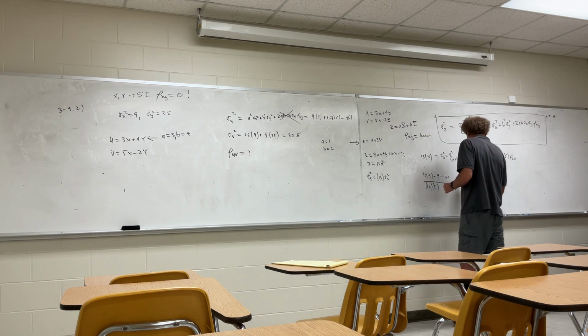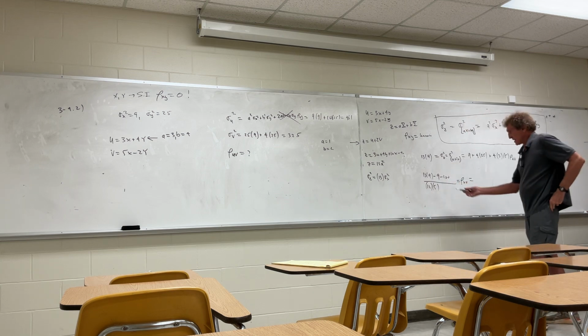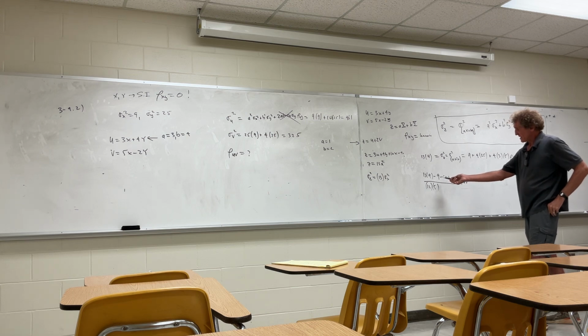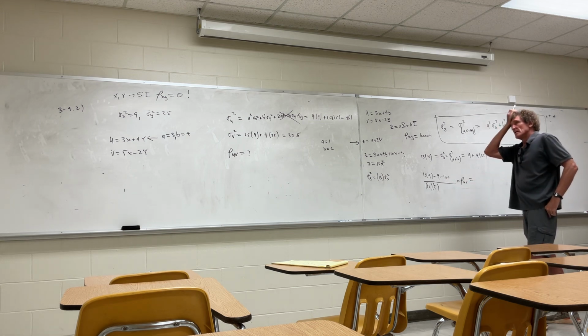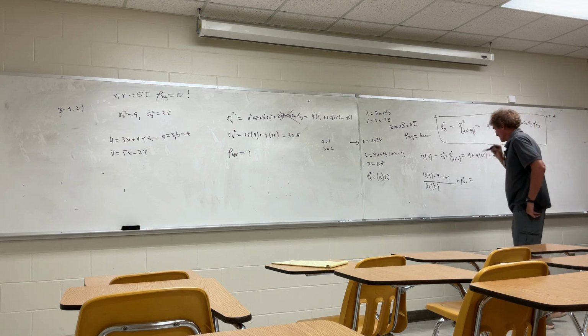And that should be rho of UV. This is something, let's see. So that's 12 times 9, minus 100, that's negative. Minus 4 over 60.